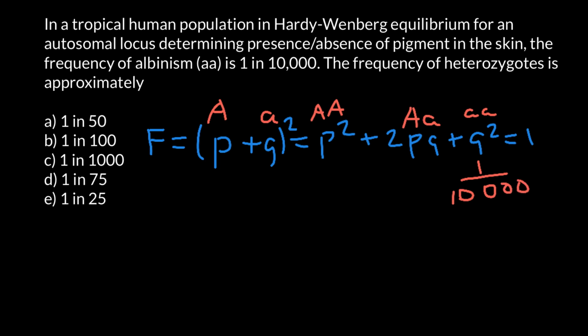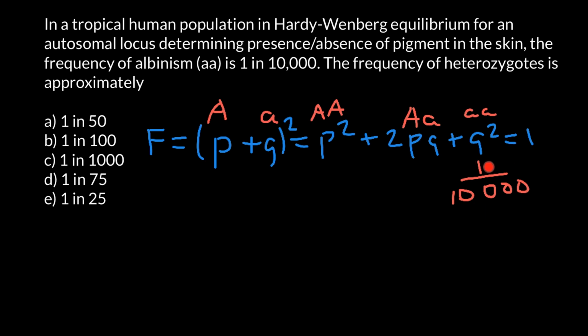This is the frequency of occurrence of this genetic disorder, and we can see it. It would manifest itself when both alleles are defective, and we see such people in this population with a frequency of 1 in 10,000.